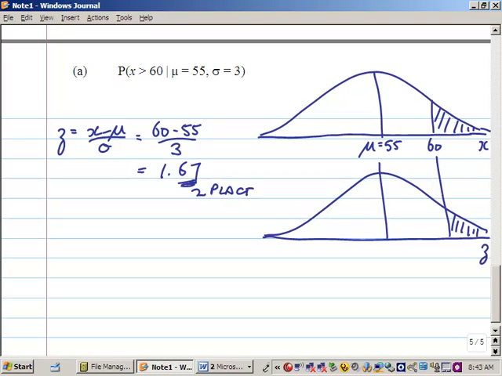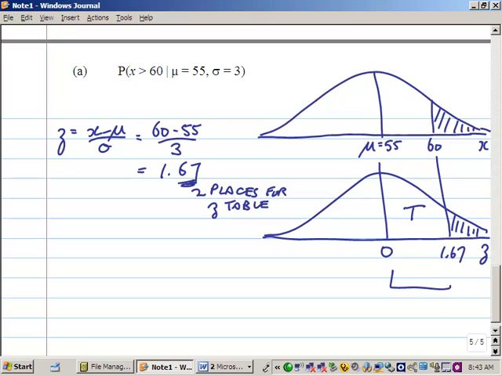We will use 2 decimal places for the z table, because that's all the z table will do for us. In a little bit we'll look that up, but first we still have to identify how we're going to get this probability. Remember that the tables give you the value from 0 to a particular value, so we'll find this value from 0 to 1.67 from the table.